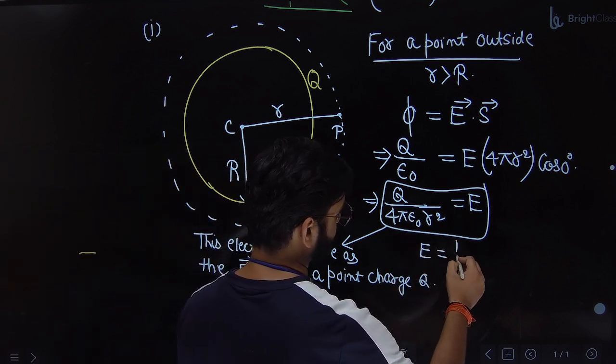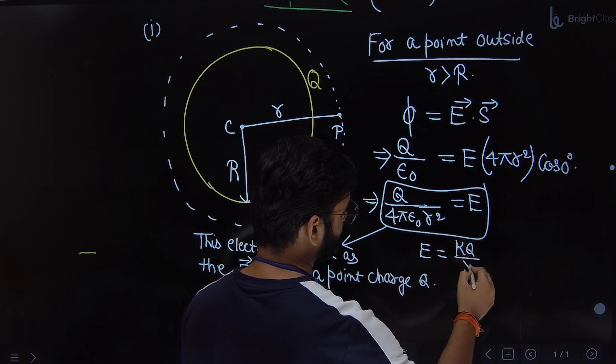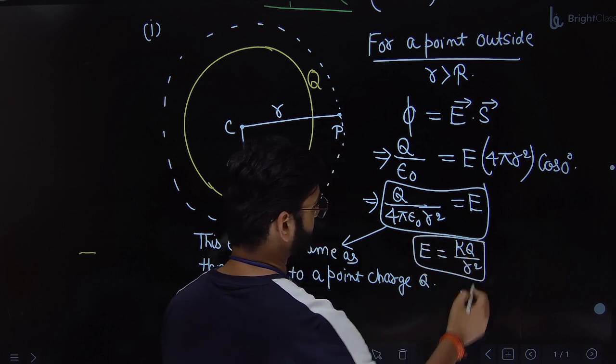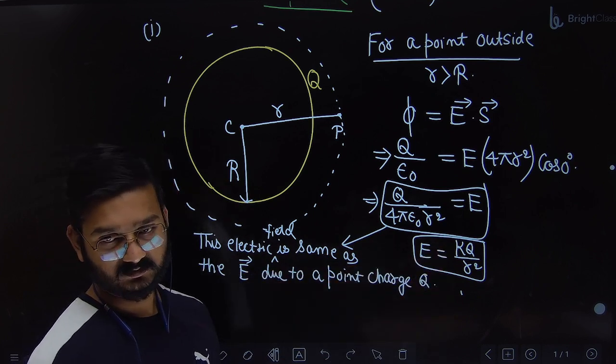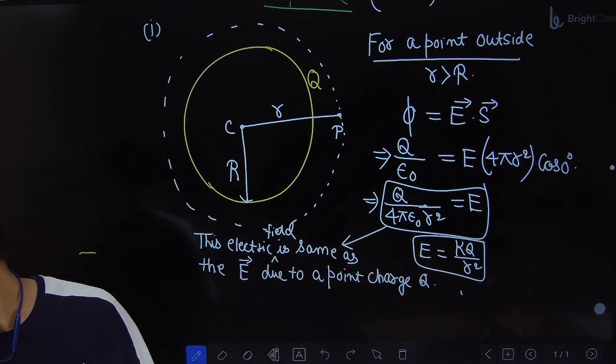K. So it is KQ by r square. Same. 1 by 4 pi epsilon naught is K. Same as point charge.